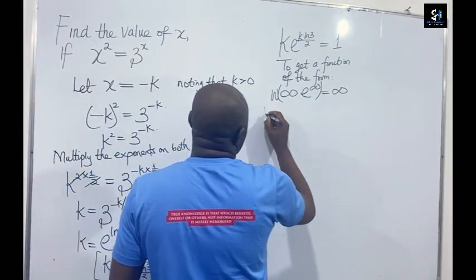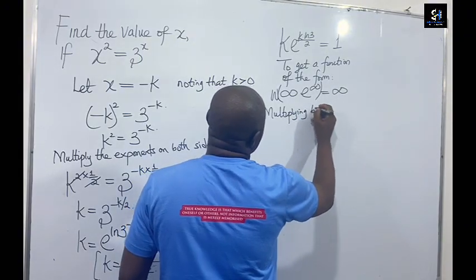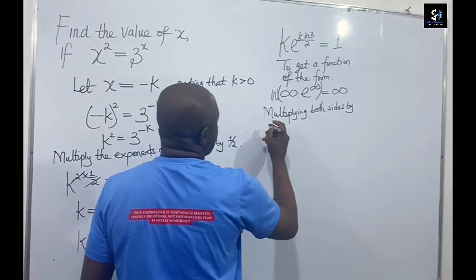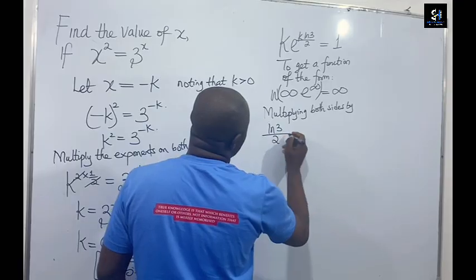So it means that I'm multiplying both sides by ln 3 over 2.